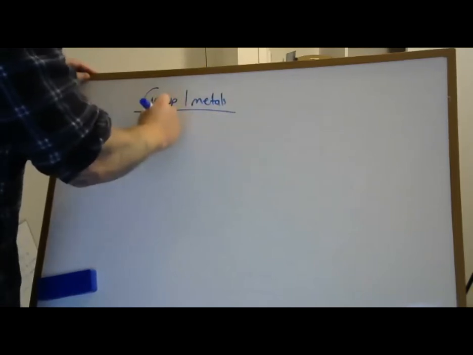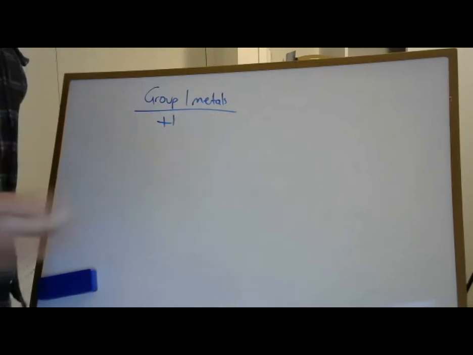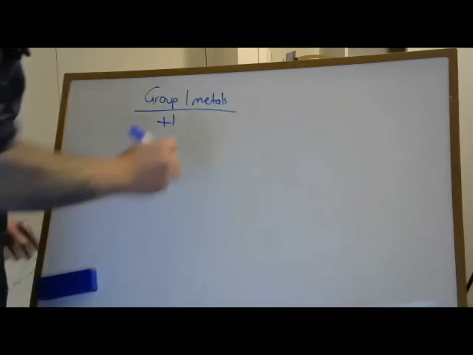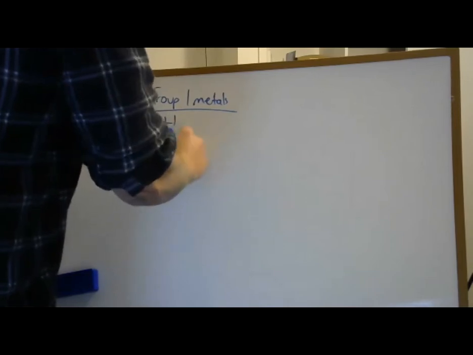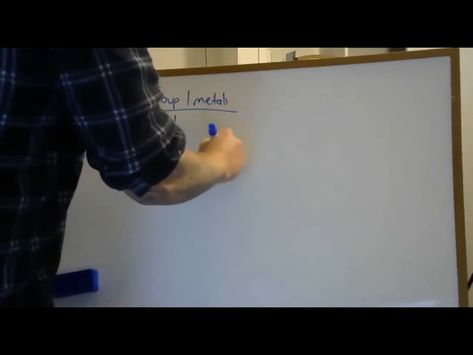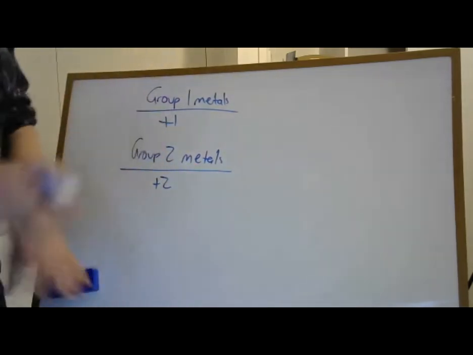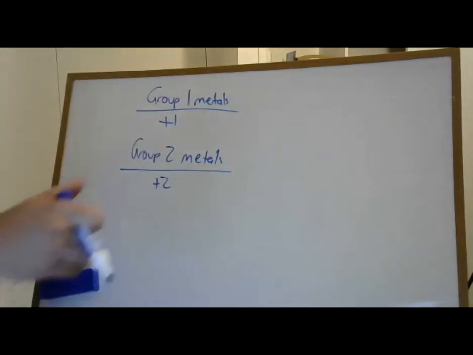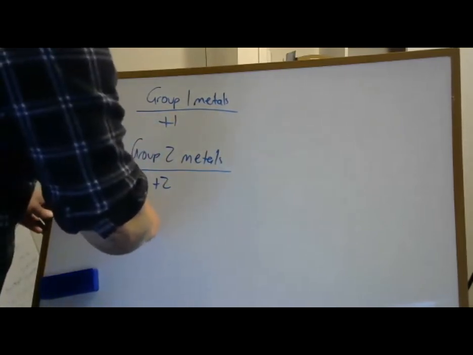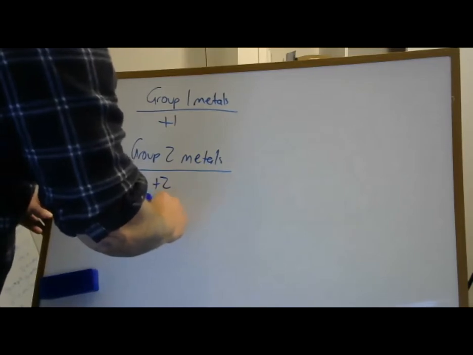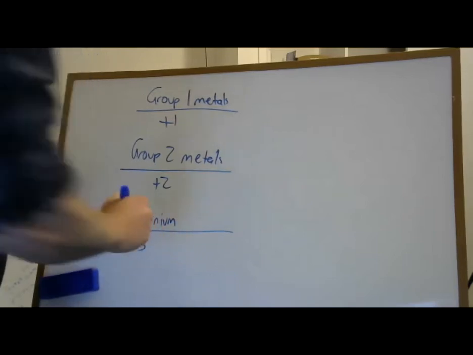They always donate 1 electron when they bond, without exception. Group 2, always donate 2 electrons without fail. Aluminium and other group 3, always +3.